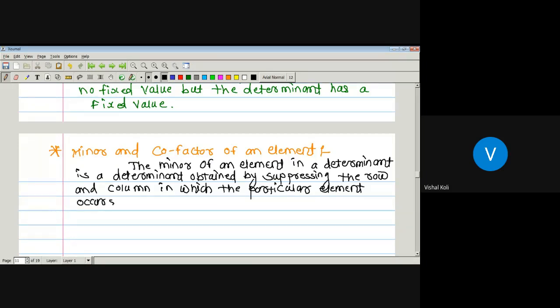So what is actually a minor? A minor is also a determinant, but it is for a particular element. Suppose we have to find the minor of an element A1 of a matrix A, then its minor is obtained by suppressing the row and column corresponding to that element A1.